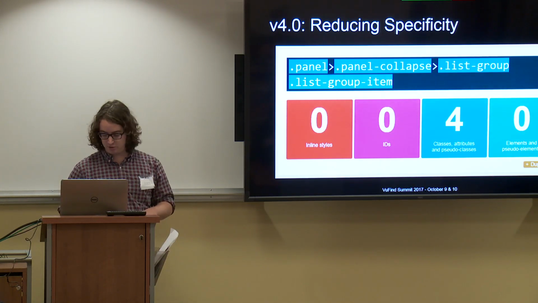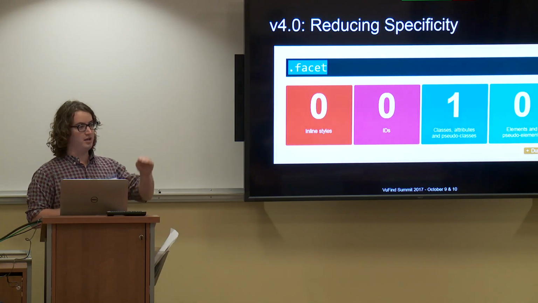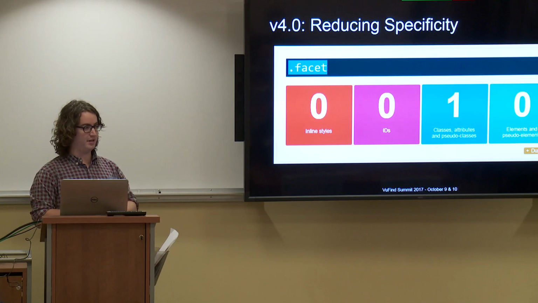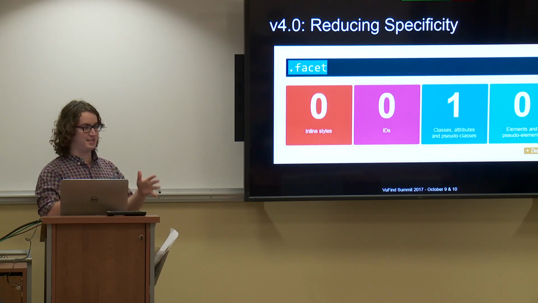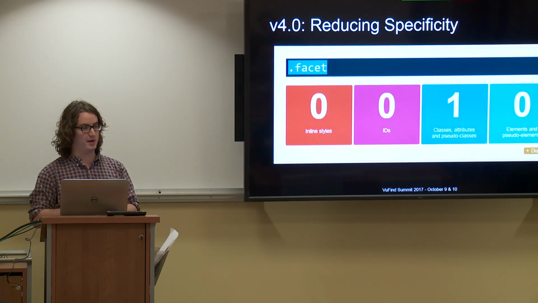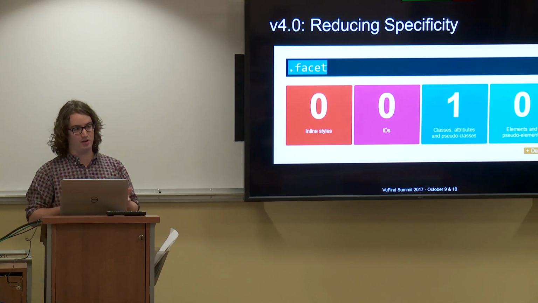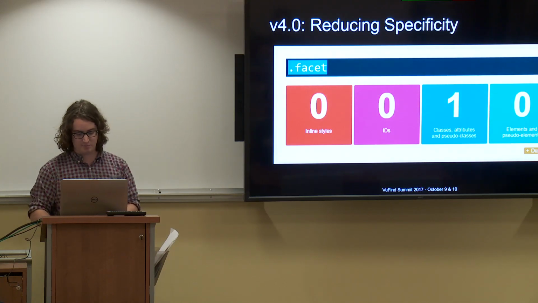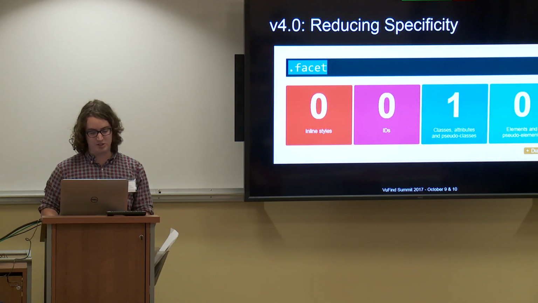So I changed it all to just the facet, which should be really easy to override if you just include the class name at all. If it's later in the code, it'll override it. If you add your own class, or if you add any kind of more specificity to this, it just makes it much easier to customize. And it looks very similar, while the underlying stylings are much simpler. So hopefully it's much easier to understand, and more importantly, much easier to override.